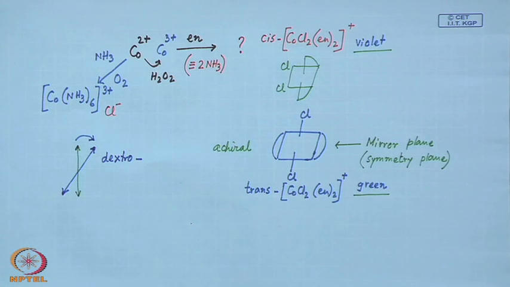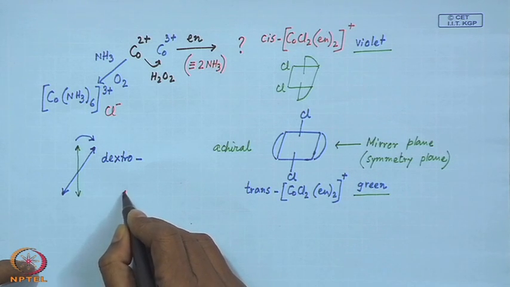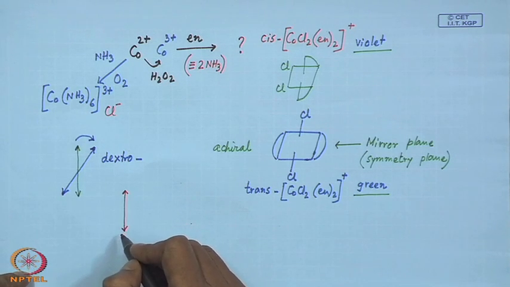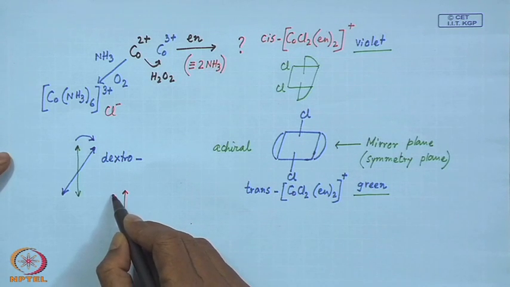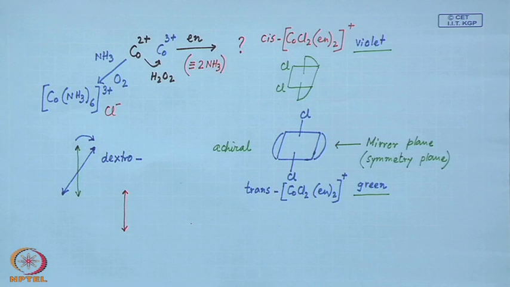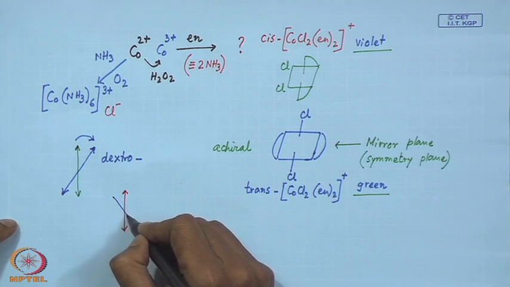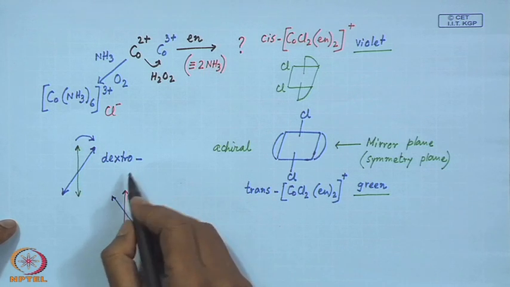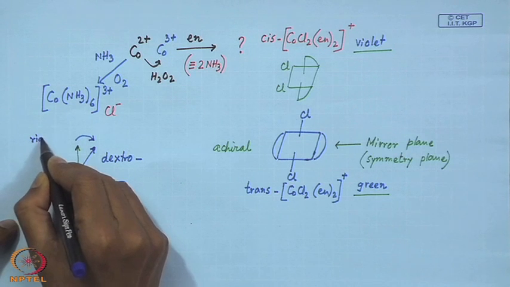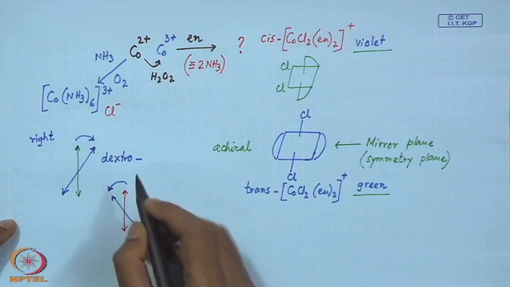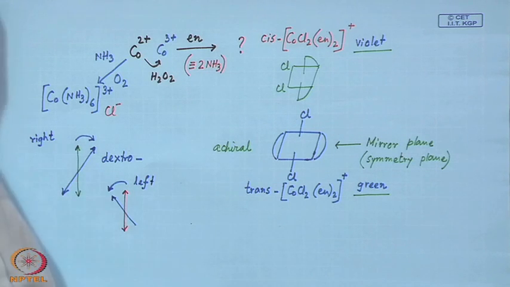And if the plane polarized light, always considering the vertical plane entering the solution, moves towards the left, this is the movement towards the right, and this is the movement towards the left.